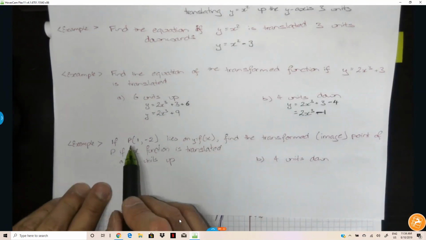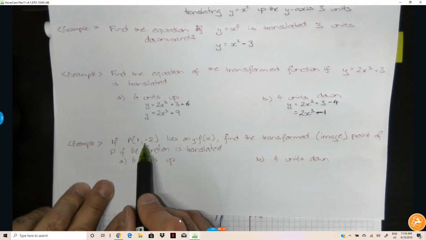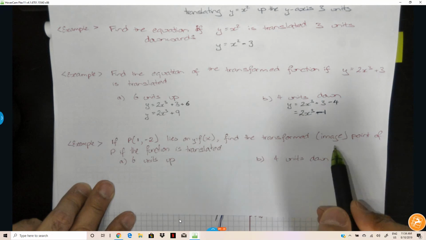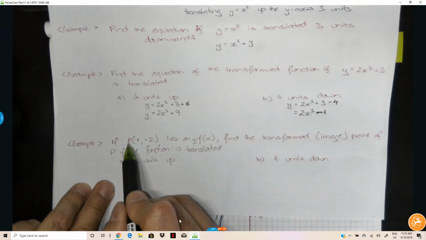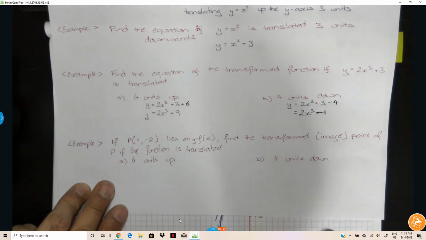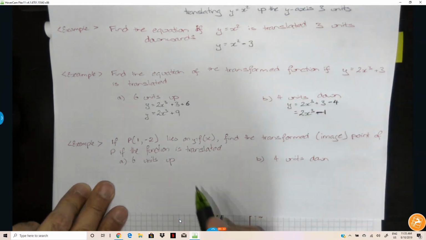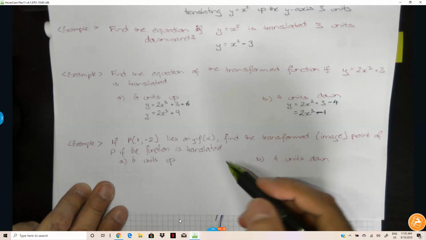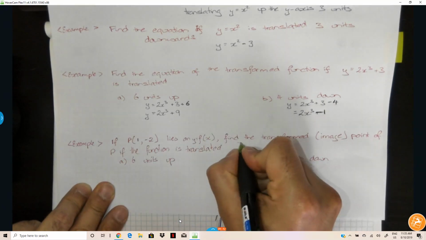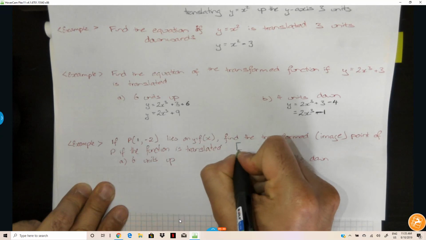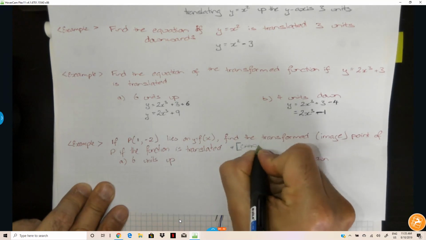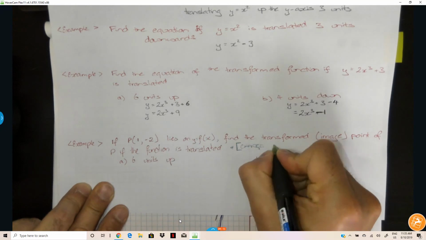If the point 1, negative 2 lies on a function, find where this point will move to if the function is translated 6 units up. If we're translating vertically up the y-axis, there is a change in the y value.